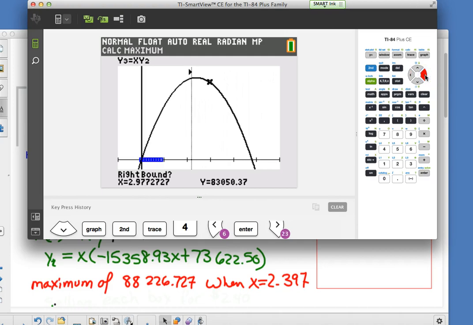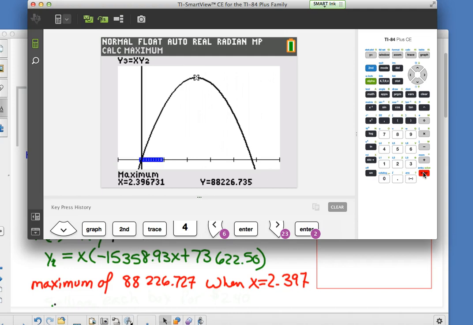Okay, now as long as I'm on the right, it doesn't matter where I am, so long as I'm not on the right of the next max, or the next min. I hit enter, and it'll actually find my value, my 2.397, because remember, X is 2.397. My Y was 88,226.735.